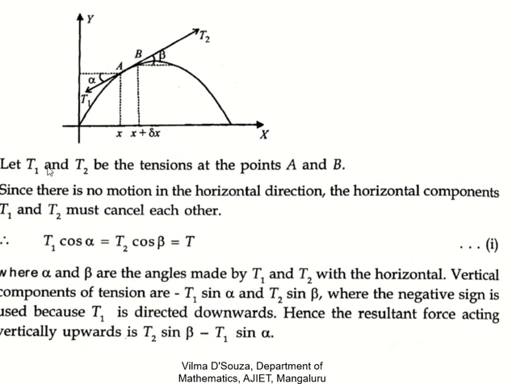Let T1 and T2 be the tensions at the points A and B. You consider two neighboring points A and B. Here the x coordinate is x, and here it is x plus delta x.